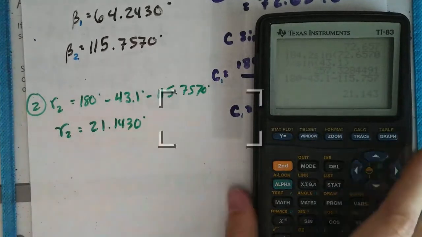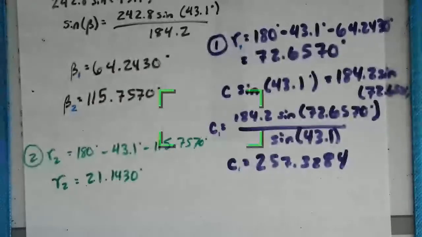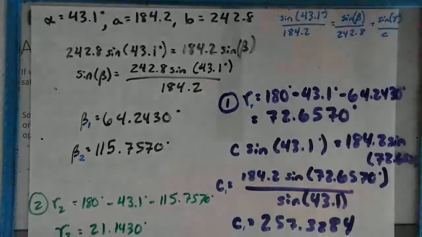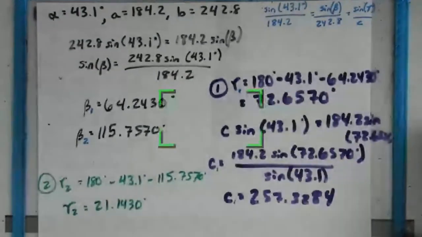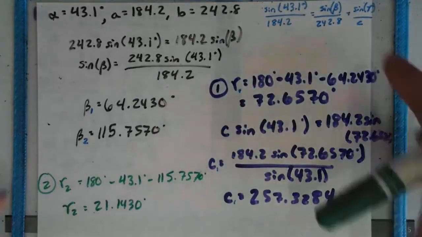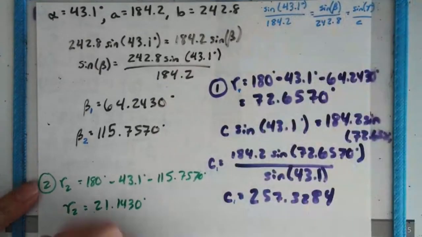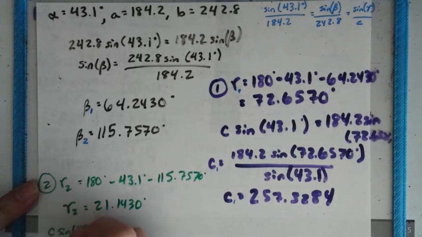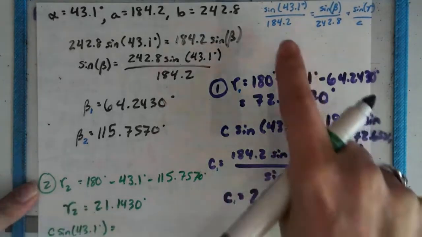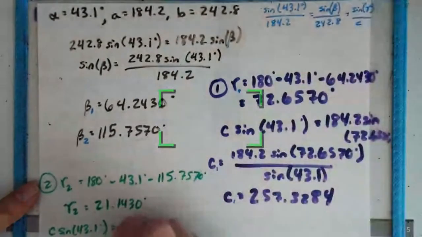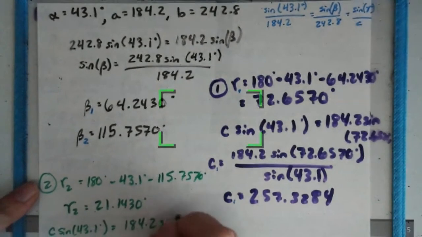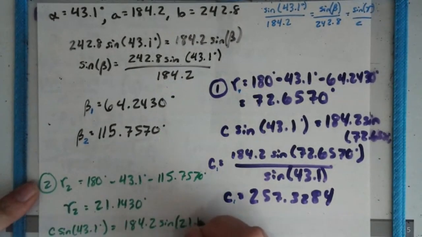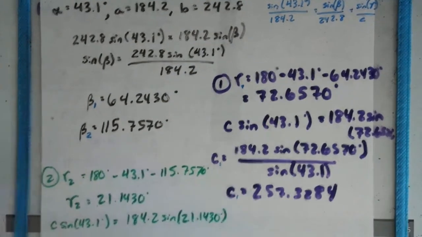I'm going to be able to solve for my second value of C by again using cross multiplication on my original law of sines. So I will have C times the sine of 43.1 is equal to 184.2 times the sine of gamma. But we just found gamma to be 21.1430.